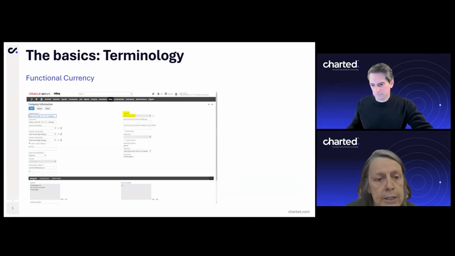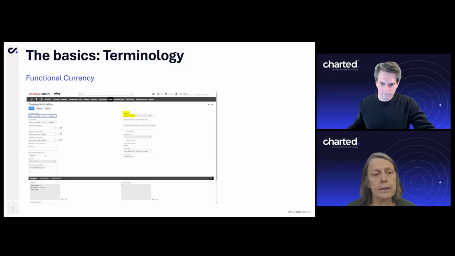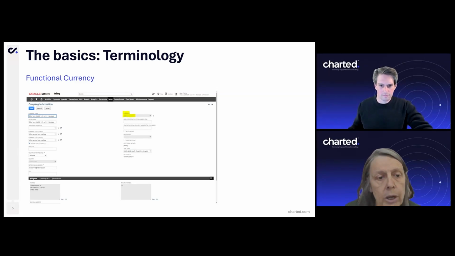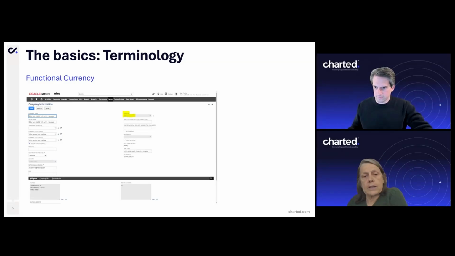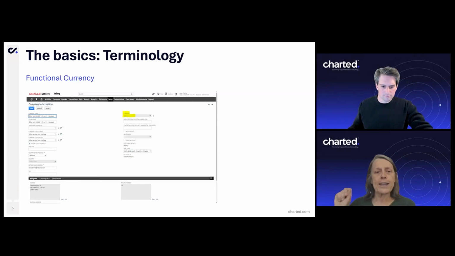This is just an example of what it looks like in NetSuite when you set up your functional currency. Note that it's highlighted in yellow. The currency is highlighted. Big caveat. If you have done it wrong and you have saved this, you can't go back and change it. You must delete the entity and start over.